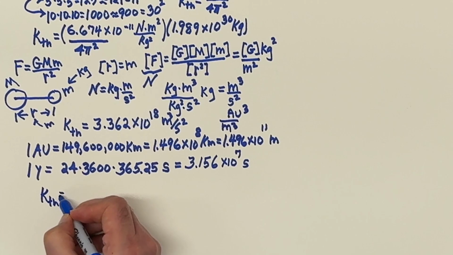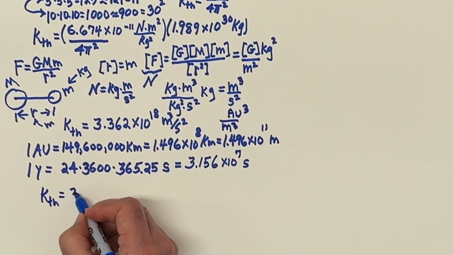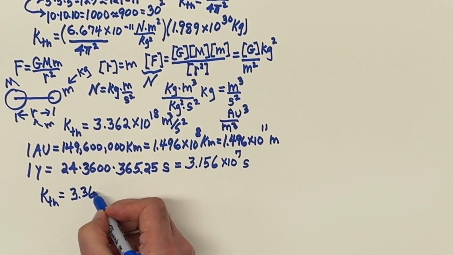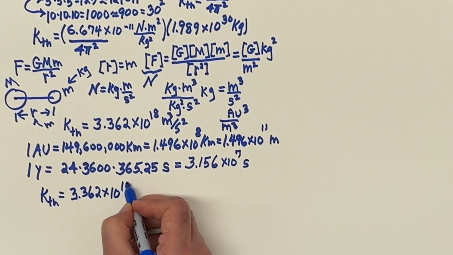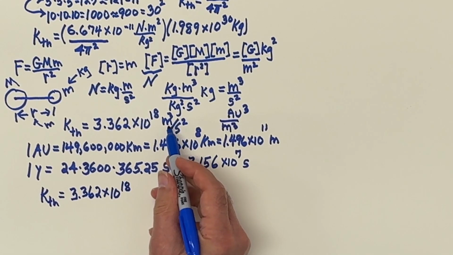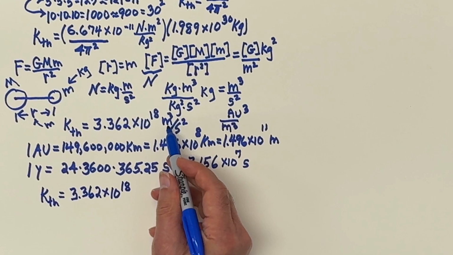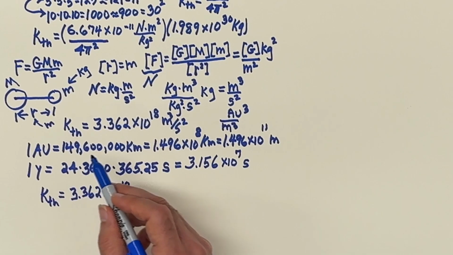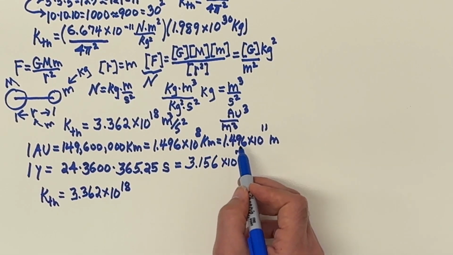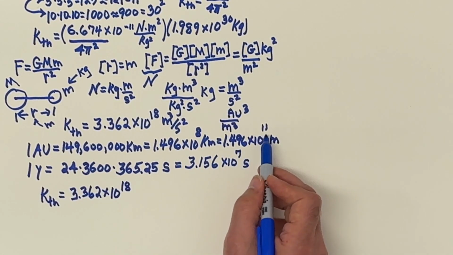So I would have here 3.362 times 10 to the 18. And now for the meter cube, we're going to put in 1 AU divided by this number. So I'm dividing both sides by this number.